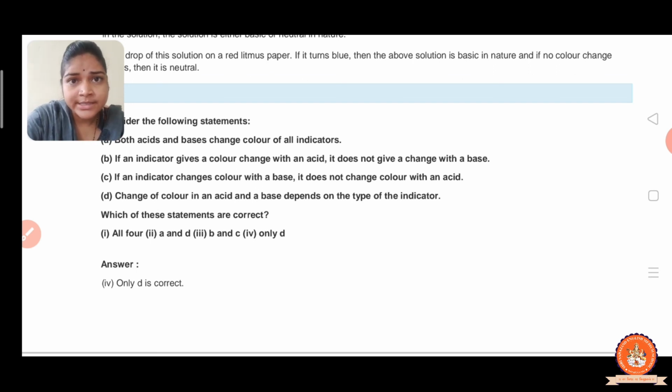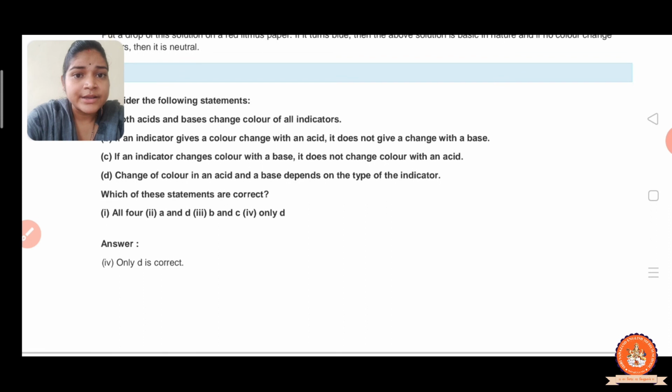So option 2 is also wrong. Now let us check the third one: if an indicator changes color with the base, it does not change color with the acid. So this one is also wrong.